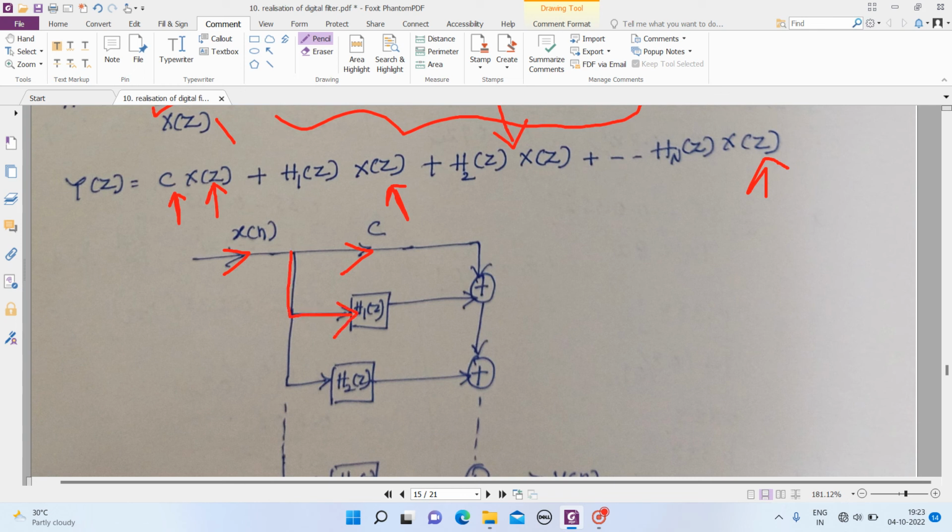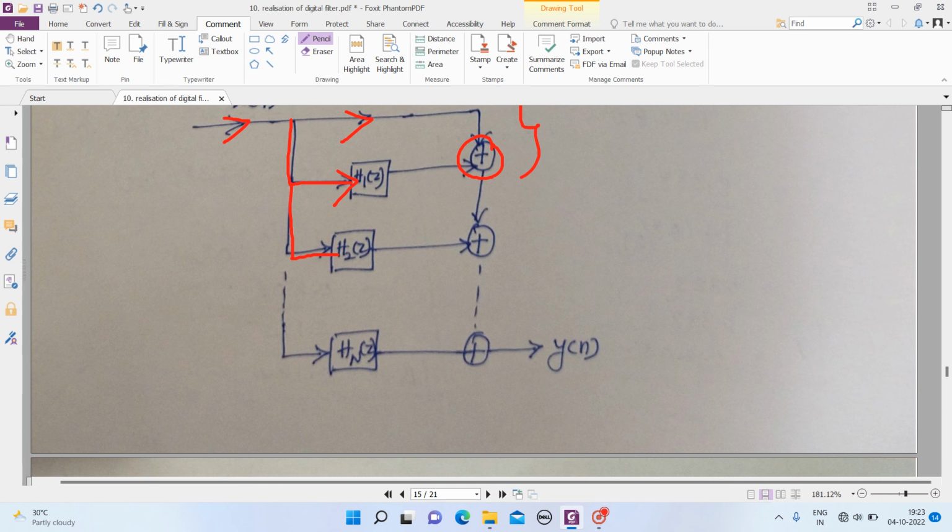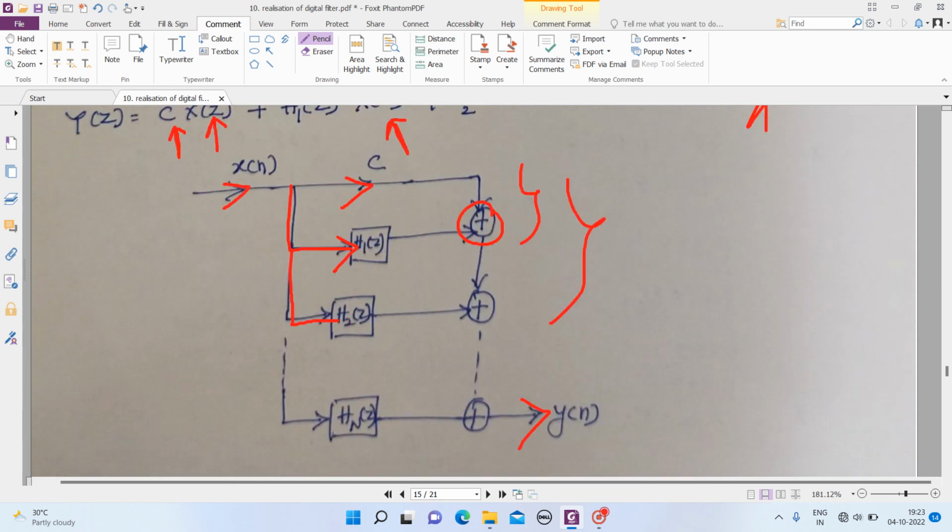These two terms are added with an adder component. The third term is H2 of z into X of z, so x of n is multiplied with H2 of z, and this term is added with the previous two terms. The final term is x of n multiplied with H subscript N of z, added with the other terms. The final output is y of n. This is the parallel form structure.